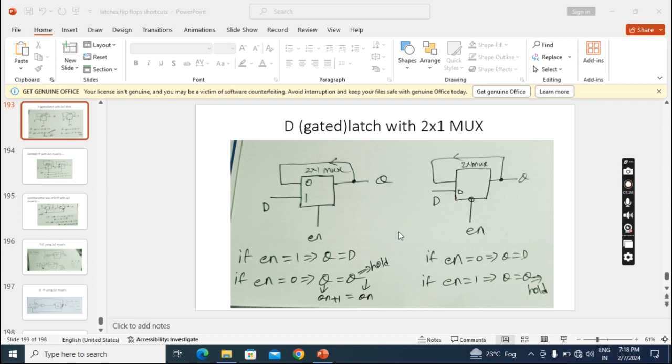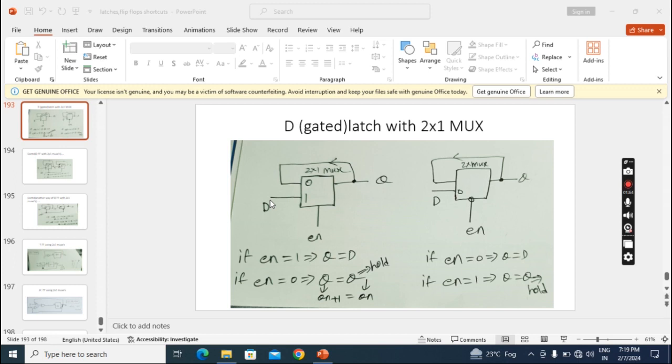Now this is a positive level latch because here there is no bubble at the enable. When I apply 1, what will happen? Here internally I wrote 0, 1. These are select or enable values. Applying 1 means I am selecting this D, so this D will go to the output. If D is 0, I will get 0 at output.